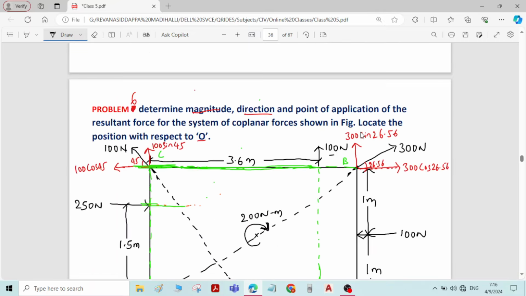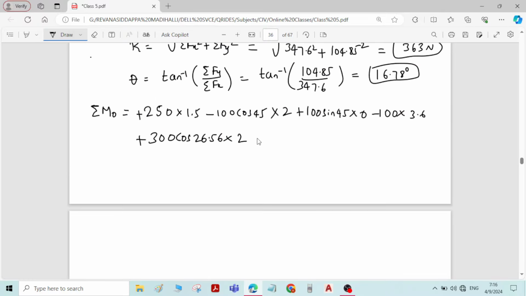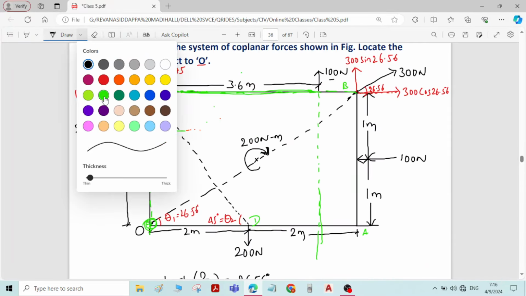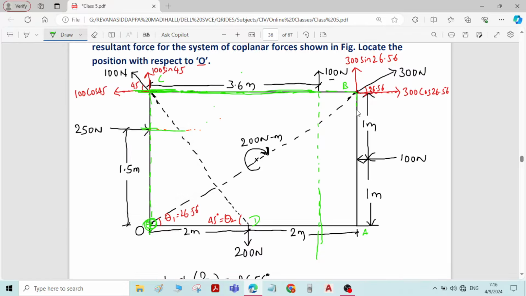Now you take the vertical component, 300 sin 26.56 force, into perpendicular distance. Before that, draw the line of action. So this is the line of action of the 300 sin 26.56 force. We have the point O here.